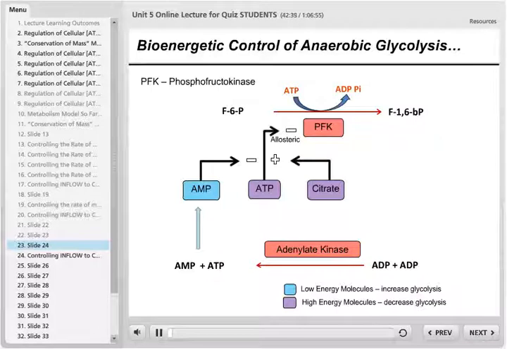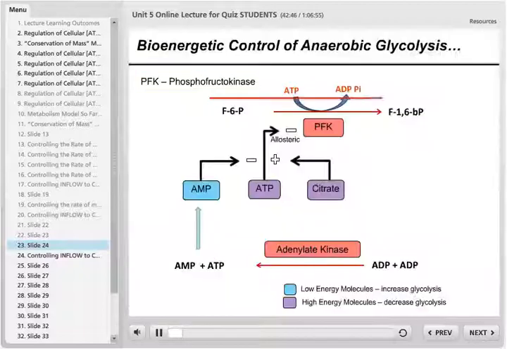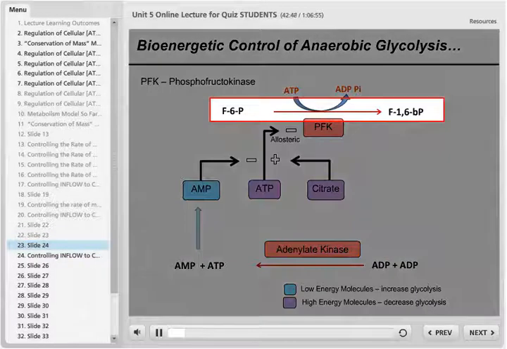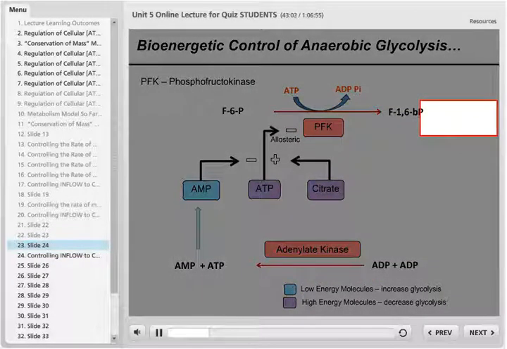So now we move down a little bit in glycolysis and we get to phosphofructokinase. And phosphofructokinase uses ATP and creates F16, fructose 1,6-bisphosphate, and that then continues on and results in ATP production with a number of subsequent pathways.